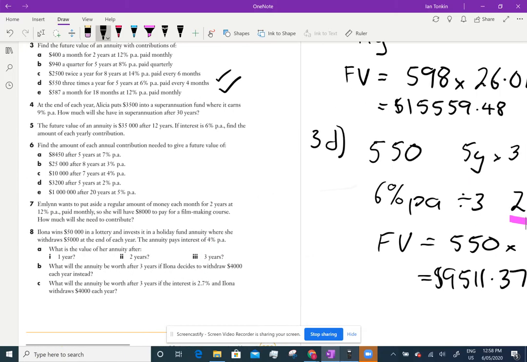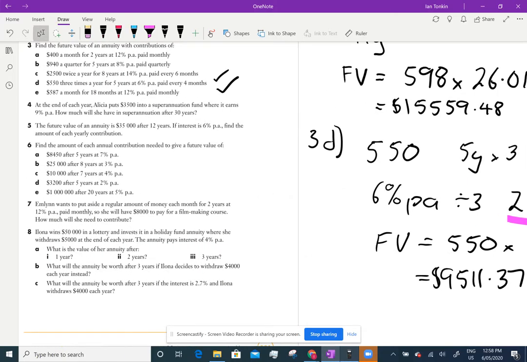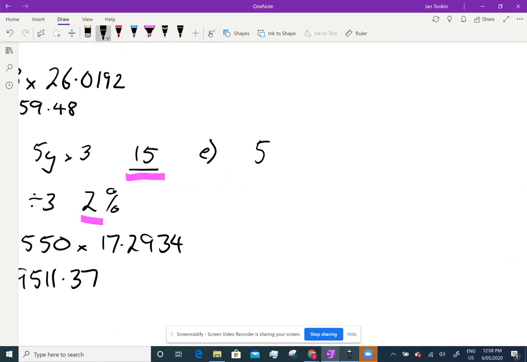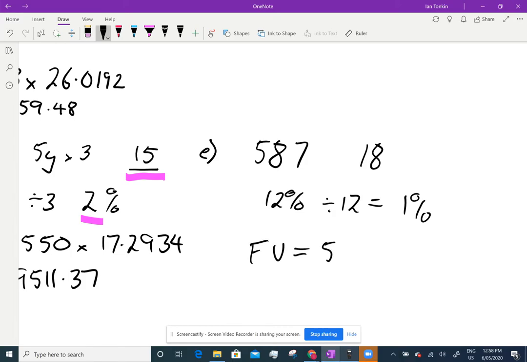3E, well, it's monthly, 18 months, 587. So we've got 587, it's 12%, it's a month, so 18 months is my time period. 12%, 12 divided by 12, because it's done monthly, is 1%. So to find my future value, I'm going to take that 587, I'm going to multiply by the magic number, which I'm going to look up in the table.